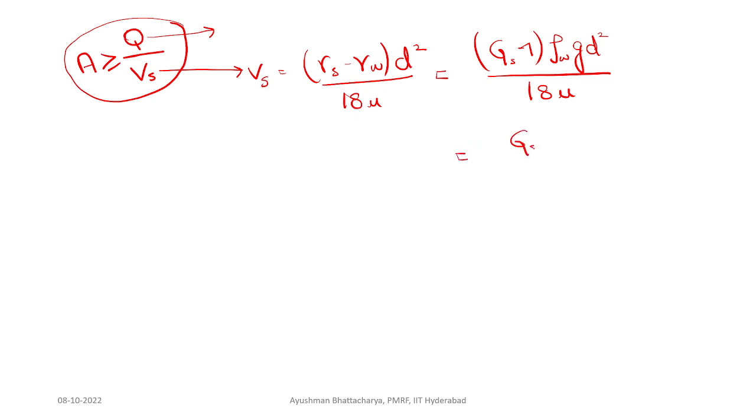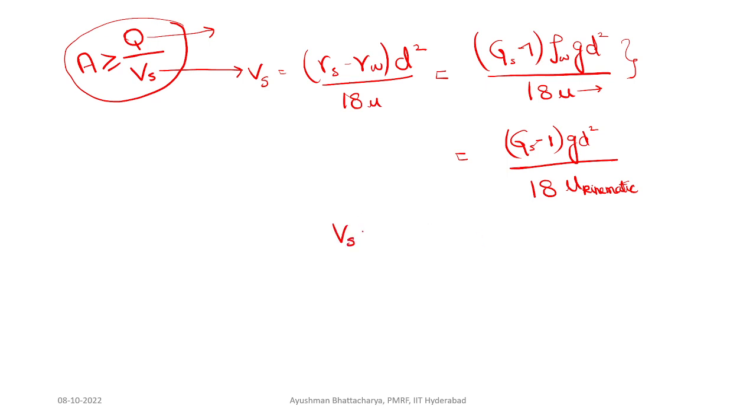Now we can also write it as (Gs minus 1) g d square by 18 mu kinematic. In this expression it was mu dynamic, but here it is mu kinematic. So using this expression, we will calculate the value of Vs.